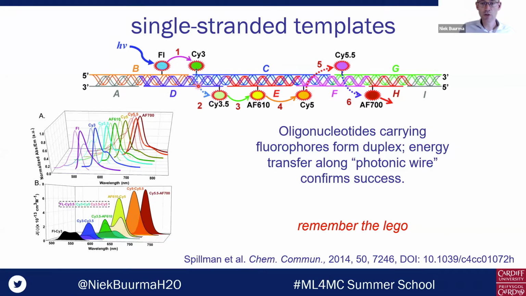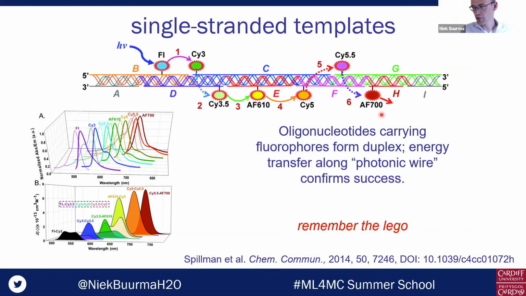So what you can do in this case is put all these different chromophores together. And then there is something called resonance energy transfer, fluorescence resonance energy transfer, or FRET, that allows you to put energy into this particular chromophore, and the energy then just hops from one fluorophore to the next, and it is conducted across the molecular wire, or the photonic wire, that you have created.